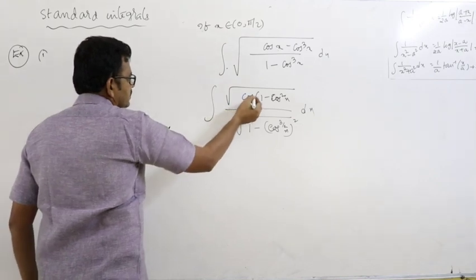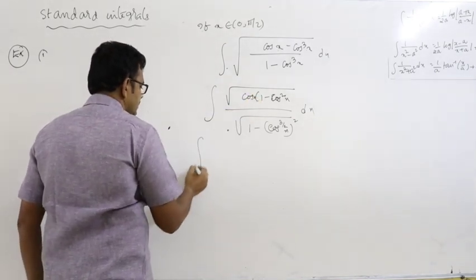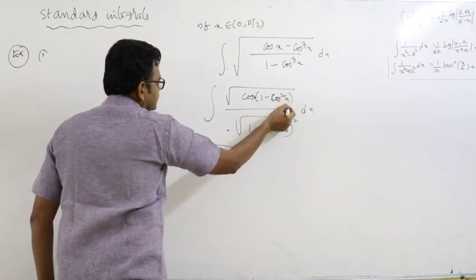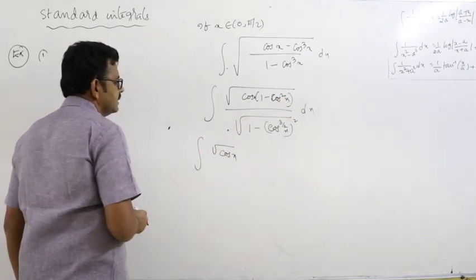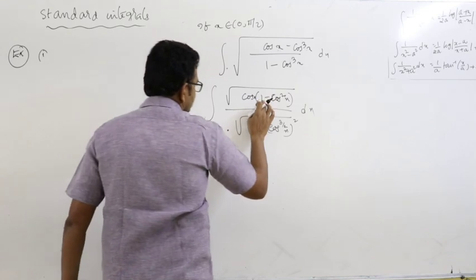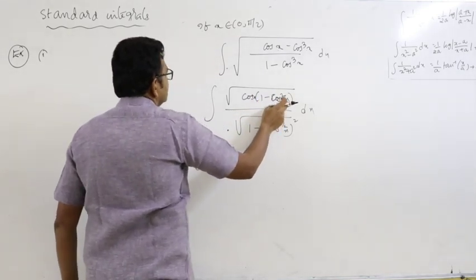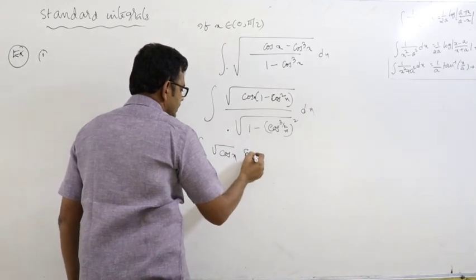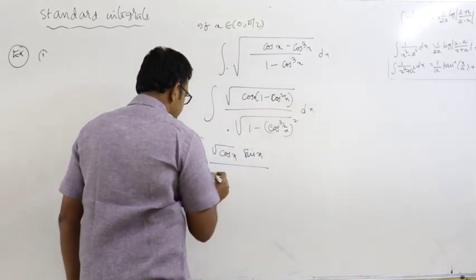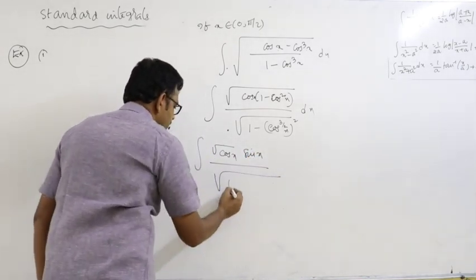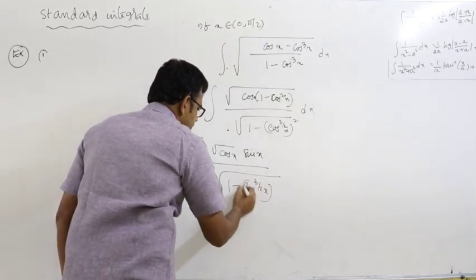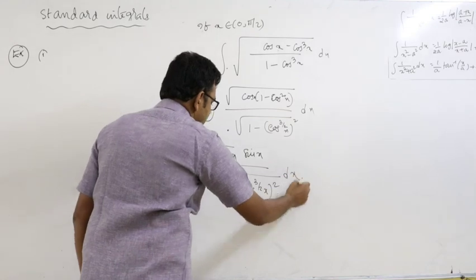So this is root of cos x into, 1 minus cos square x is sin square x, root of sin square x, that is mod sin x. Sin x is positive in interval 0 to pi by 2, so sin x by root of 1 minus cos power 3 by 2 x whole square dx.